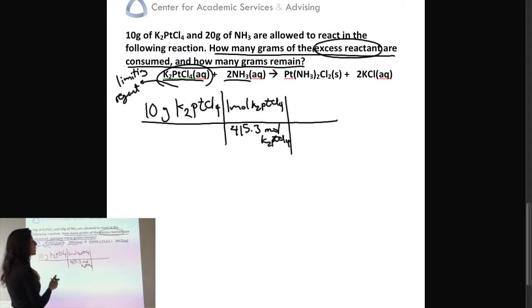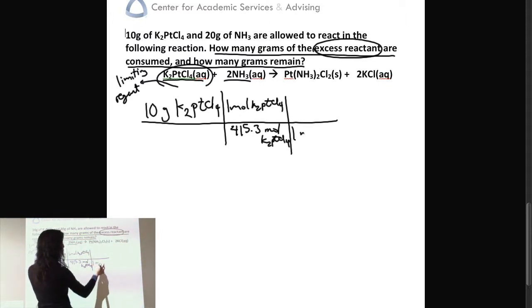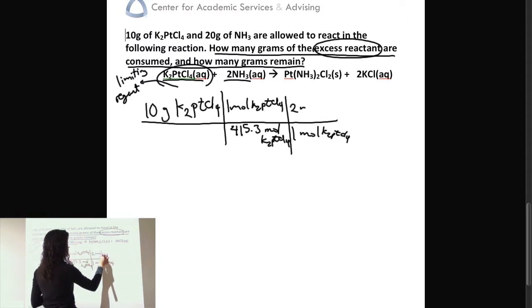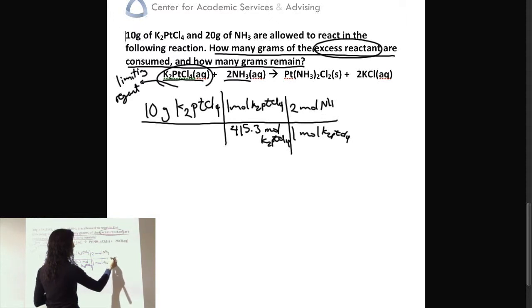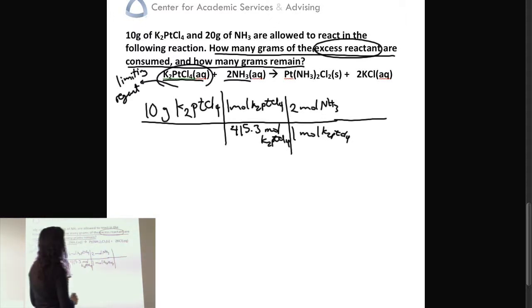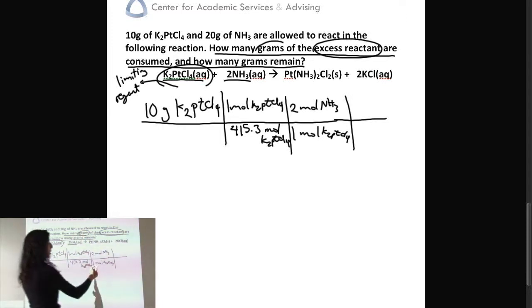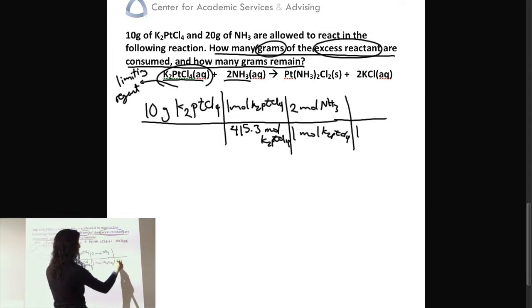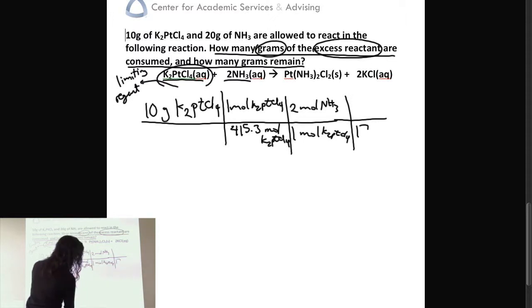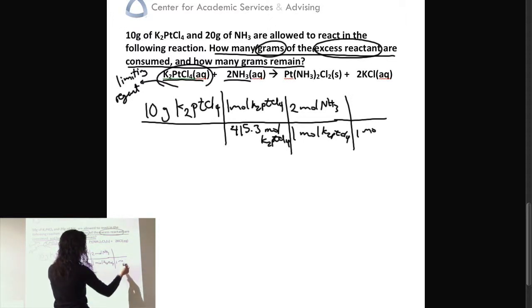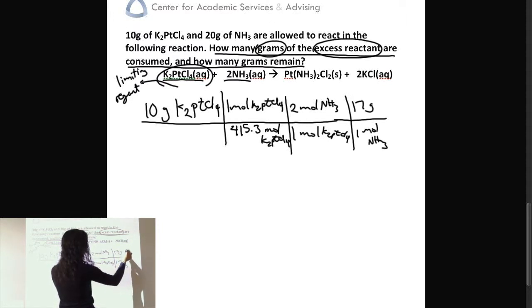So based on our balanced chemical reaction, 1 mole of K2PtCl4 reacts with 2 moles of NH3. And because the question is asking us how many grams, let's convert the moles of NH3 to grams of NH3. So we know that 1 mole of NH3 is 17 grams of NH3.